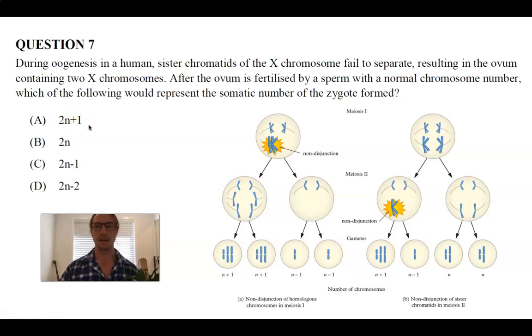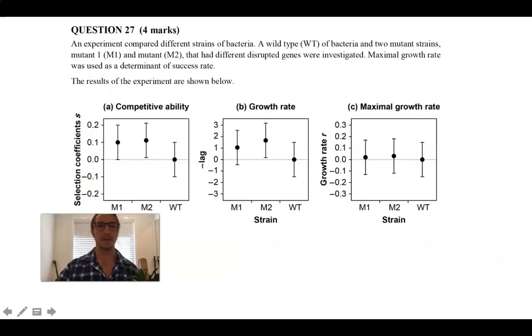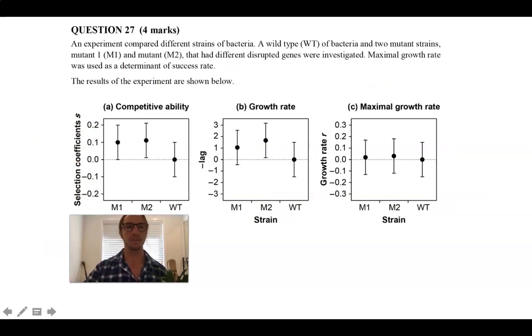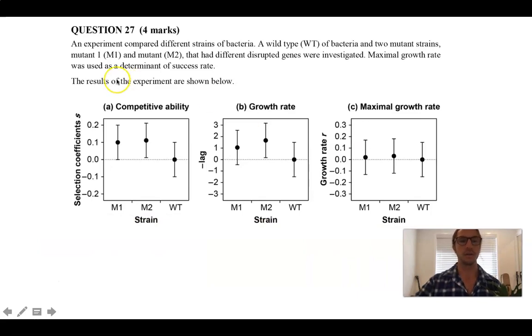Let's look at another question. Short response question. Looking at mutated strains of bacteria, a wild type, WT, of bacteria and 2 mutant strains, M1 and M2, that had disrupted genes.